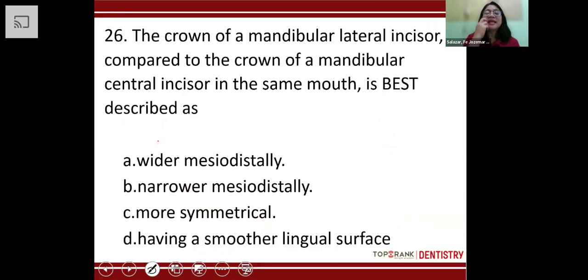So number 26, the crown of a mandibular lateral incisor compared to the crown of a mandibular central incisor in the same mouth is best described as wider, isn't it bigger? Narrower, not symmetrical, smoother lingual surface, they are both smooth. So the correct answer for number 26 is letter A. It's wider mesiodistally because it is best described.